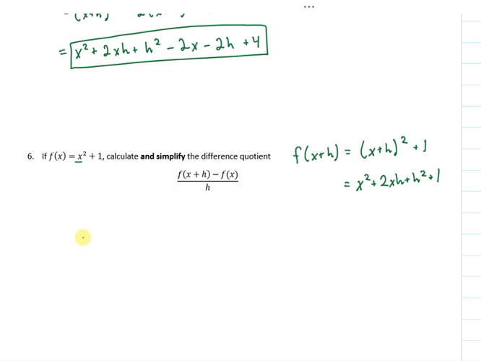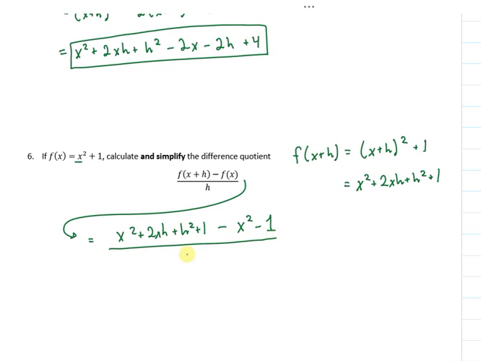Okay, so my difference quotient here is equal to x squared plus 2xh plus h squared plus 1 minus f of x, so minus x squared minus 1, I'm distributing that minus over both parts, divided by h.